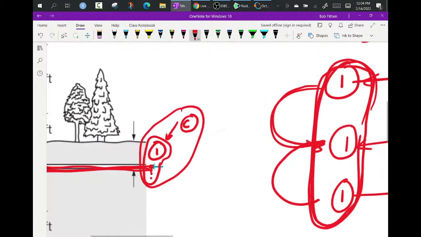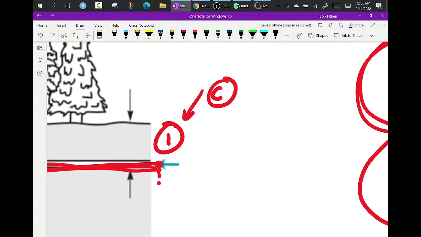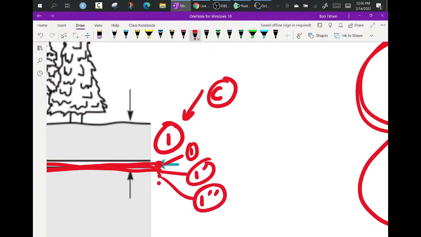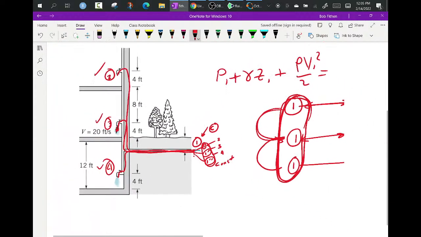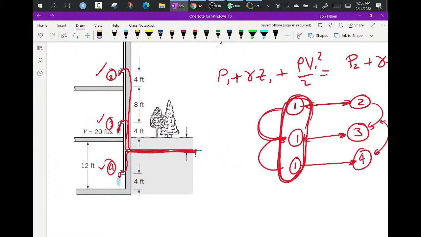If you really wanted to be a stickler, you would say this is 1, this would be 1 prime, this would be 1 double prime. Essentially 3 different locations that end up either at 2 or 3 or 4. The energy of all these particles is the same constant. So theoretically, I can write between 2 and 3 and 4.